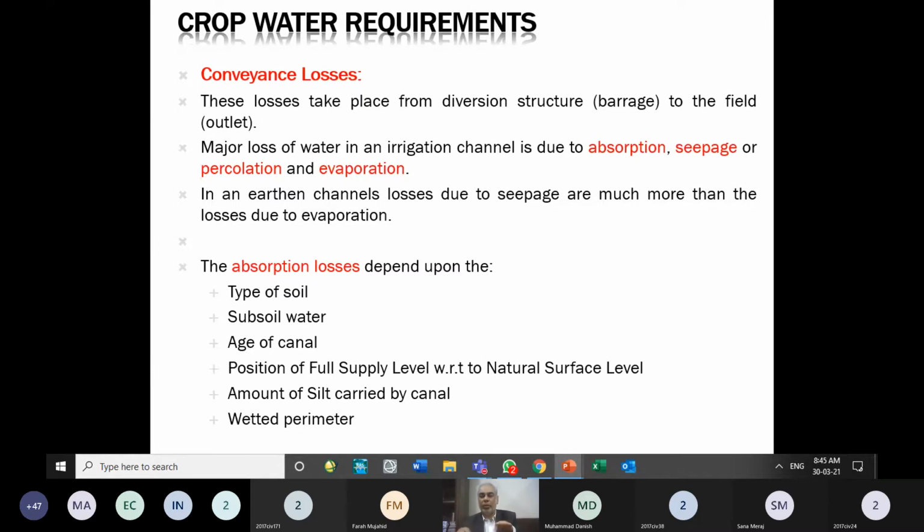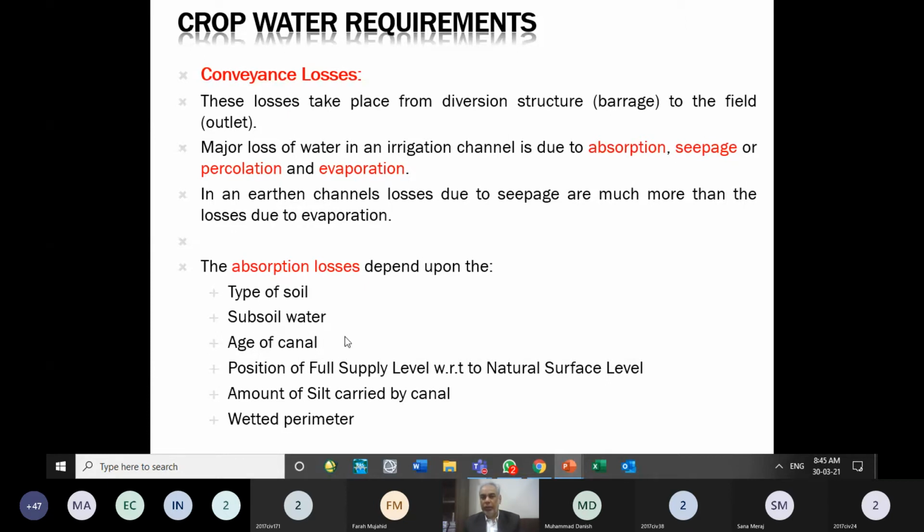If the groundwater table is close to the water level in the canal or close to the bed of the canal, then the difference of head which will cause seepage will be less as compared to an area where the groundwater table is very low, where the differential head will be more, and that will cause more seepage. So subsoil water level does affect the seepage quantity in a certain area. If all other conditions remain the same, groundwater level does control.